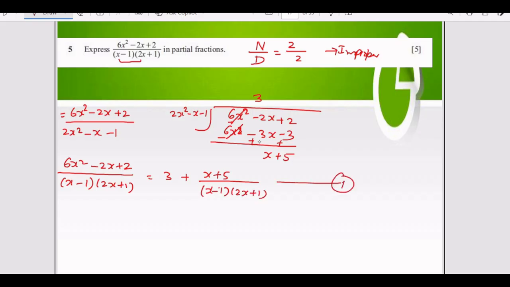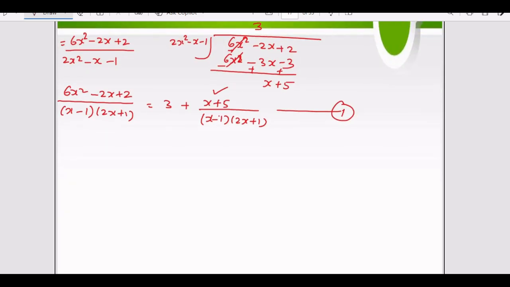Now we will apply partial fractions on the second term. Again, this is of type 1, the one that we did before. We have a linear expression in the numerator and 2 factors in the denominator. So we are going to expand the second term like this: x minus 1 and 2x plus 1.